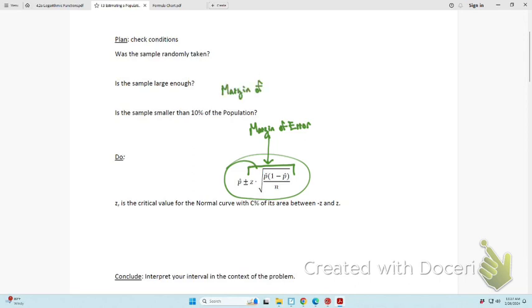Margin of error is the number of standard deviations times the standard deviation.